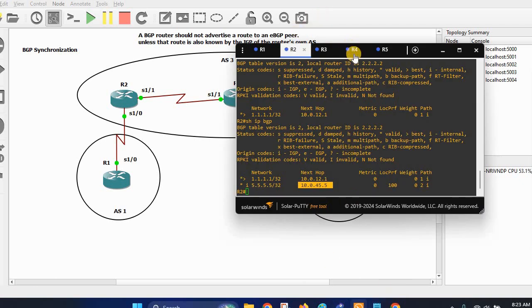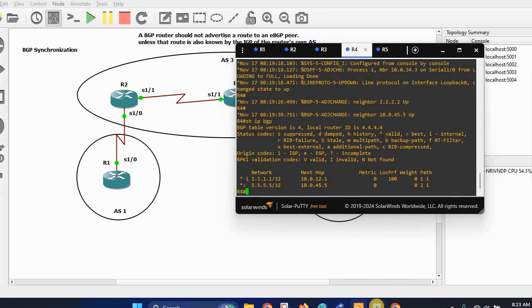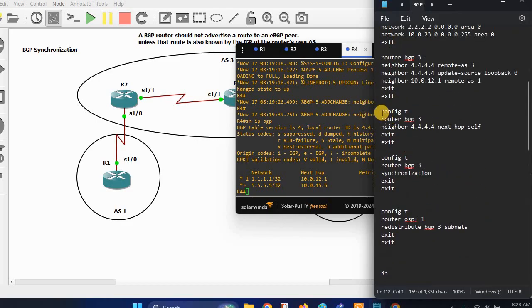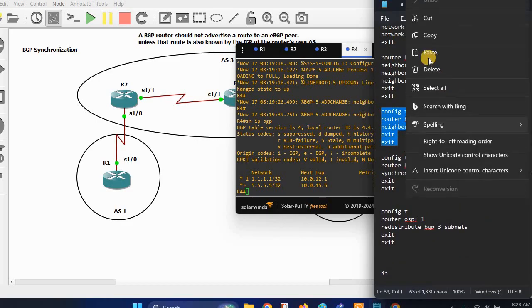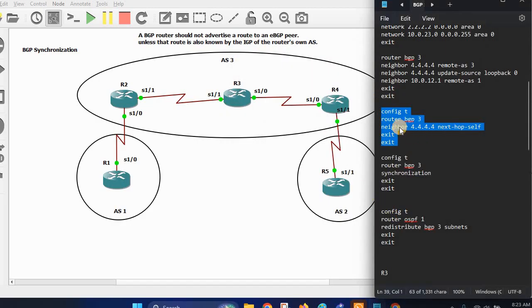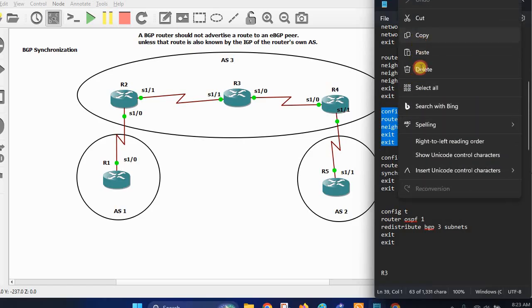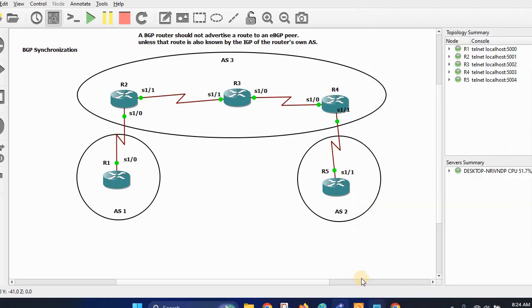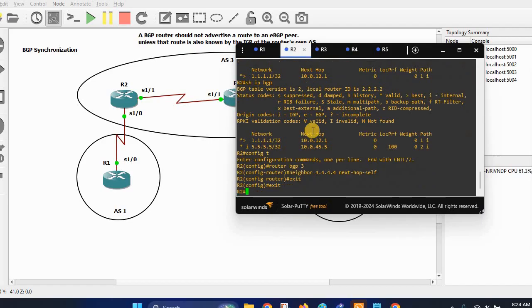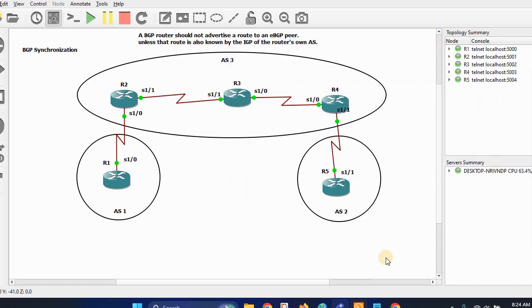Okay, now we will go to R2 and configure this. What is this configuration saying? This is R2: neighbor 4 next-hop-self, just one simple command in BGP. Okay, neighbor 4 next-hop-self. So go to R2, paste this command.